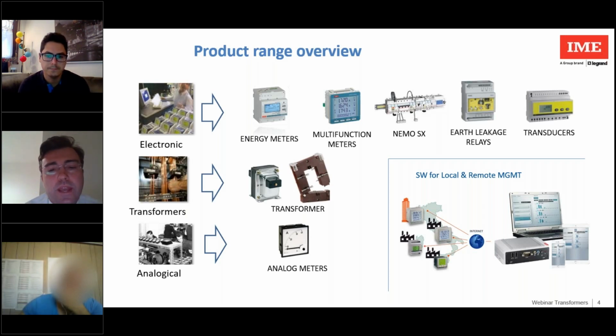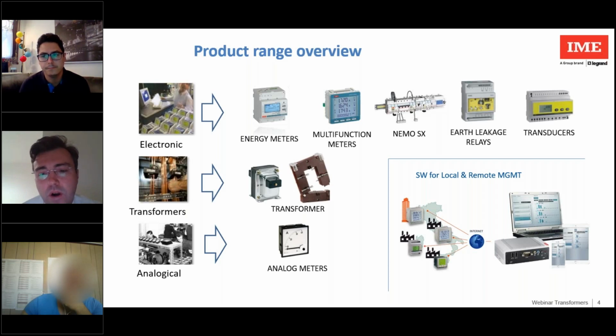Then we went in depth into the multifunction meter range. In the 3rd webinar, we examined in detail one model inside the multifunction meters, the NEMO 96EA, because it's a first step in power quality, which is another chapter of electric measurement.